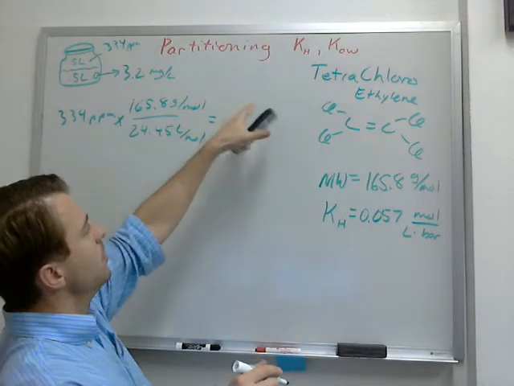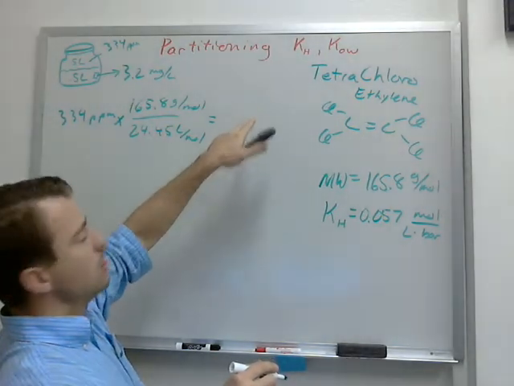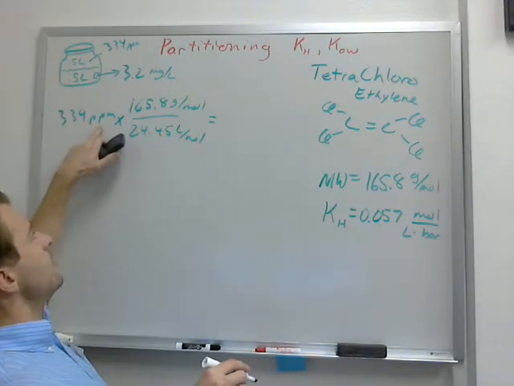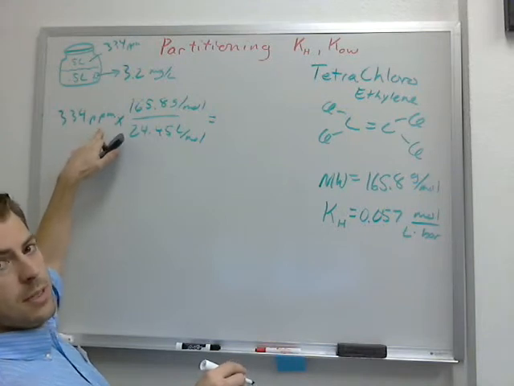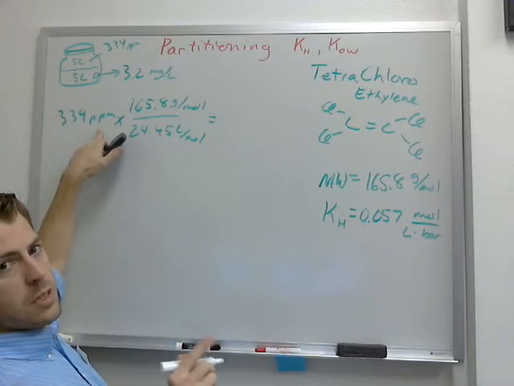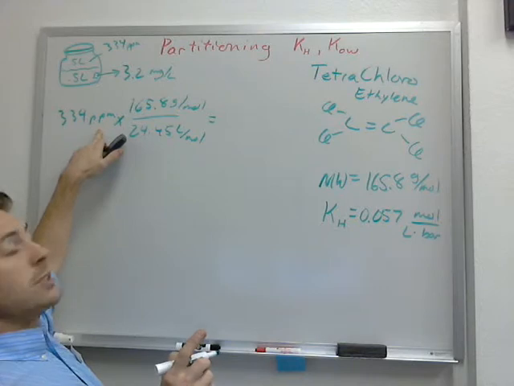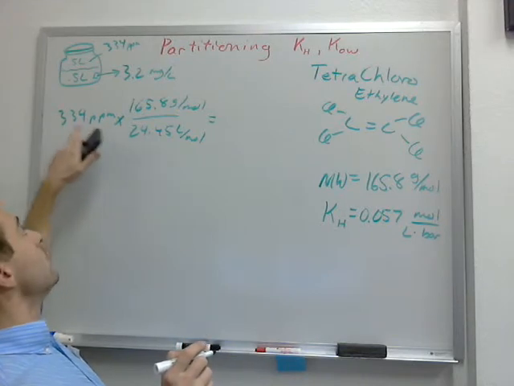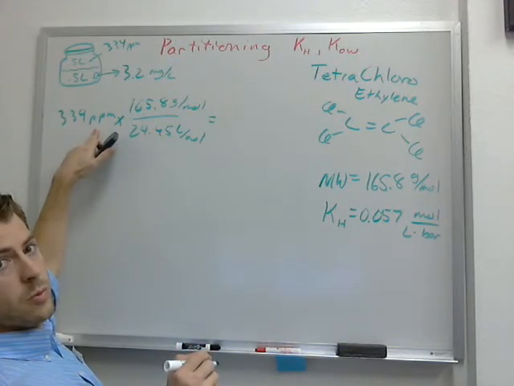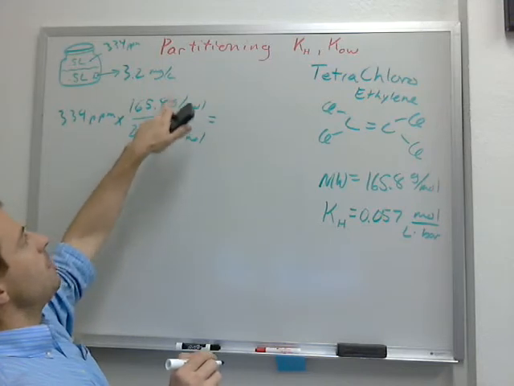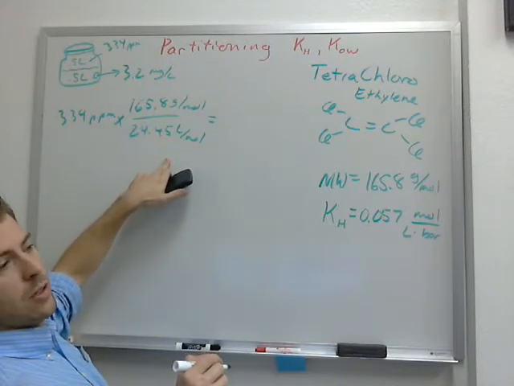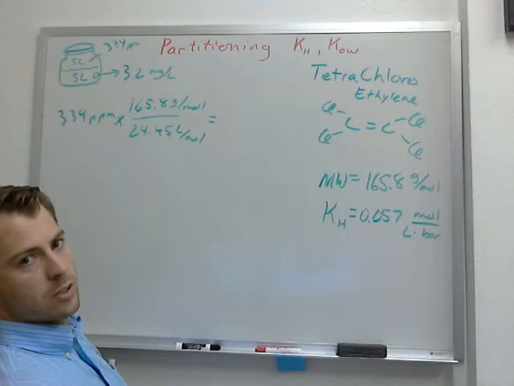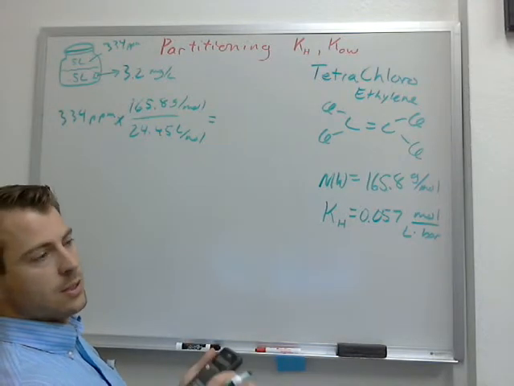I end up with 1,000,000 units too large, but I have a 10 to the minus 6 here. Again, ppm is not units. ppm is a placeholder, and it represents 10 to the minus 6. So the reason we can go straight from parts per million, if we multiply by molecular weight and divide by molar volume, it takes us straight into milligrams per cubic meter because of the units.